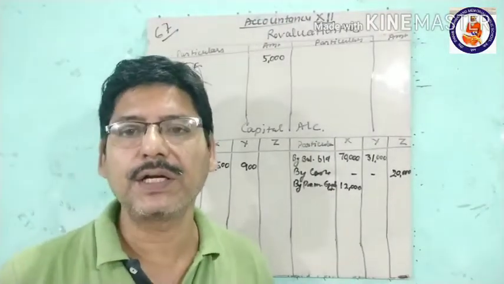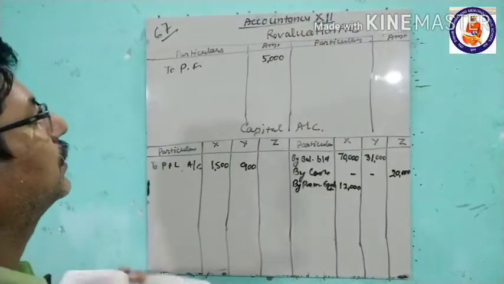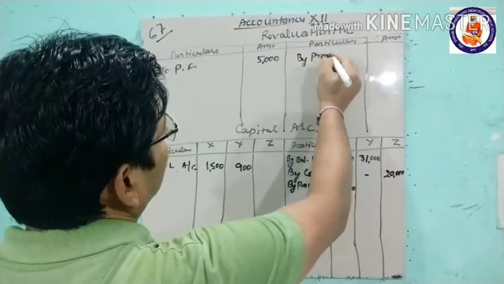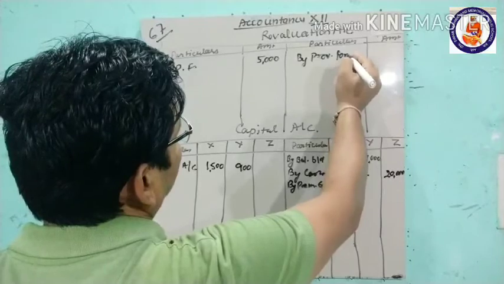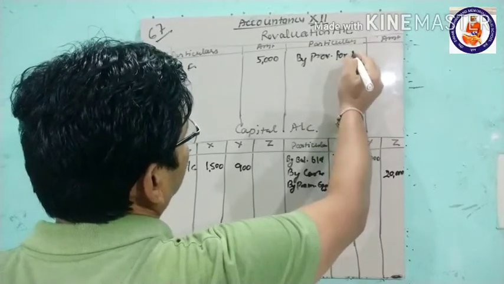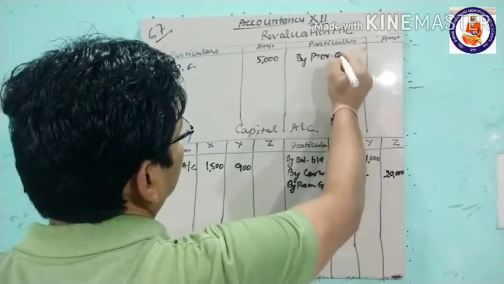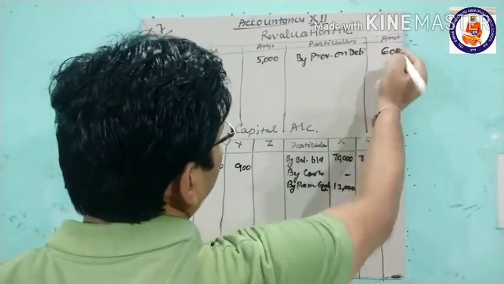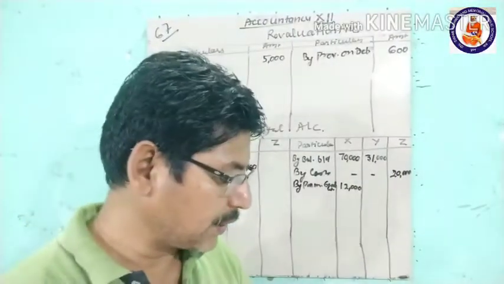Okay, this is the journal entry, provision for debtors account DR to revaluation, by provision for bad debts on debtors, that is 600 rupees. Now is removed.